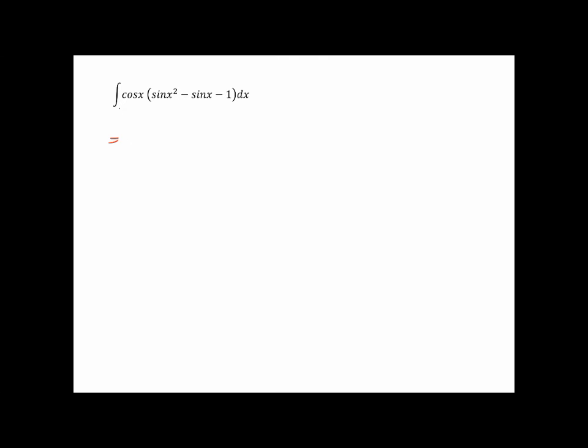Again, I see sine and cosine come together. So here is cosine x dx. If I say the derivative of sine x is cosine x dx, which is here. So in this problem, u equals sine x, du is cosine x dx. So plug in u squared minus u minus 1 du, right?